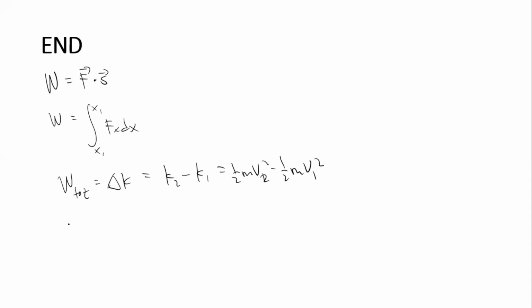We discussed also the general definition of work, from P1 to P2, the total work is equal to the integral of F dot dl. We also discussed the power equal to F dot v, and the average power. So we've discussed that.